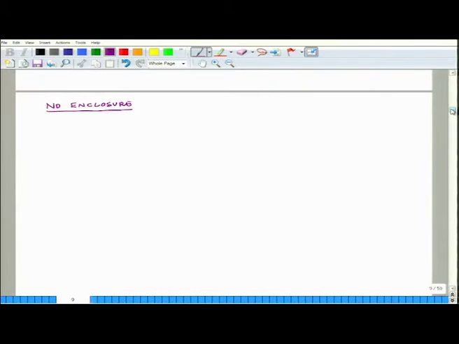So, when there is no enclosure, the sound pressure level at the point of interest equals LW plus 10 log of (Q/(4 pi r squared) plus 4/R), where capital R is the room constant.